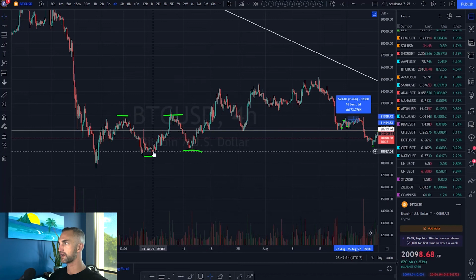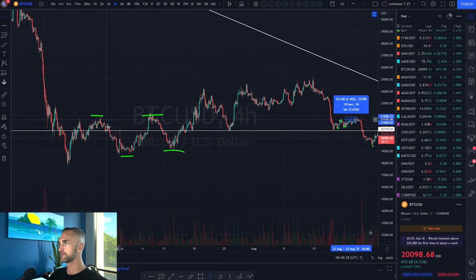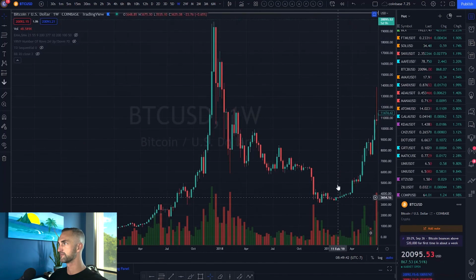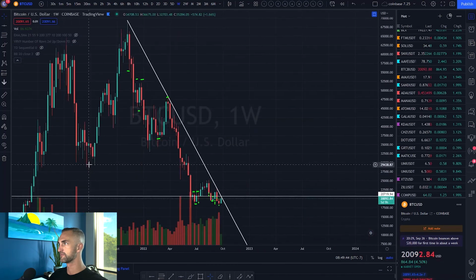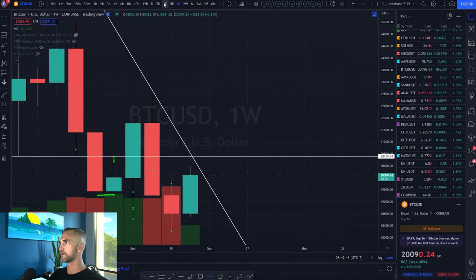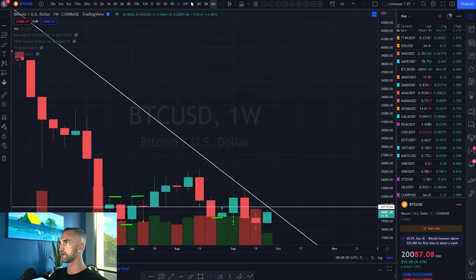Let's look at this one right here. I already have it marked off. And you've got the swing highs and swing lows, right? And I believe we were looking at this on the weekly time frame, and that's why it's marked up. Nope, it would have been on the daily time frame.